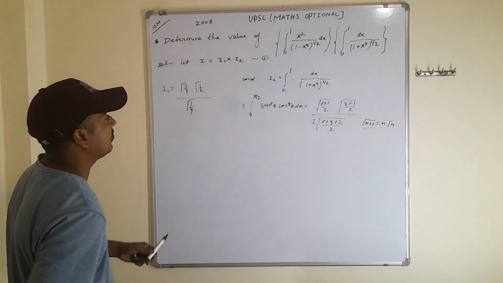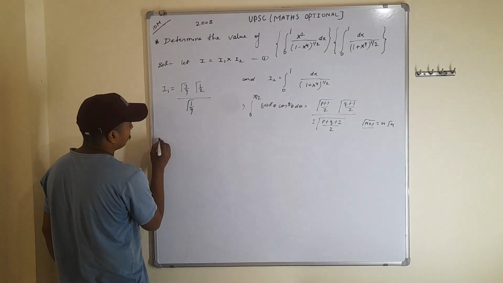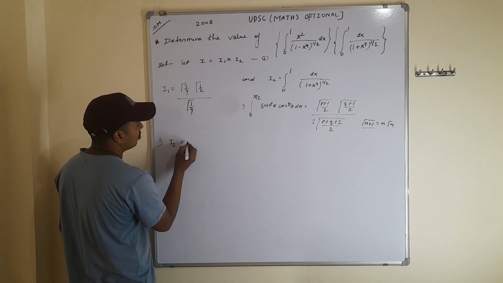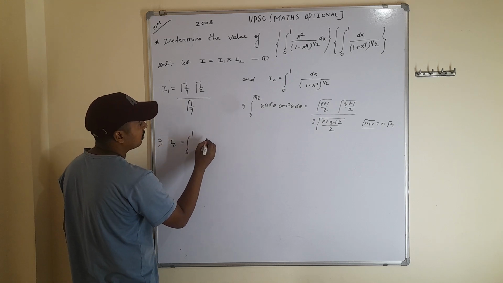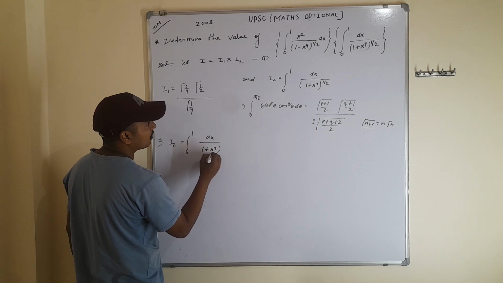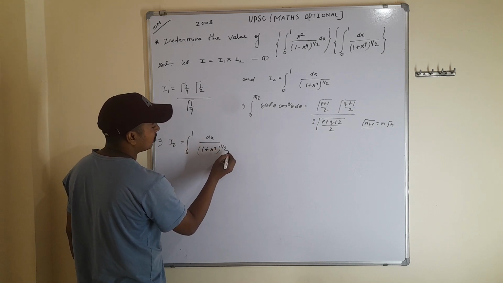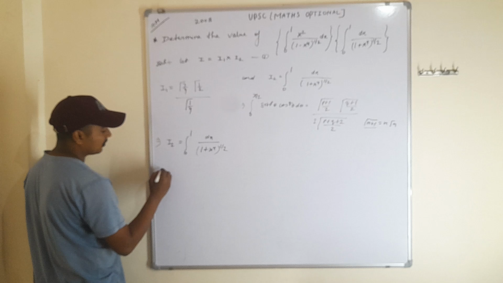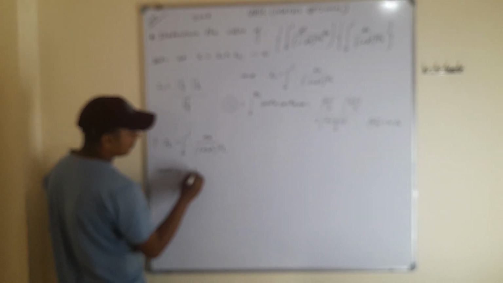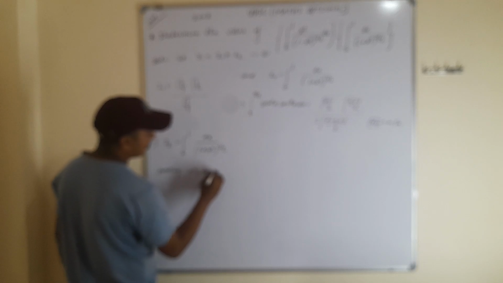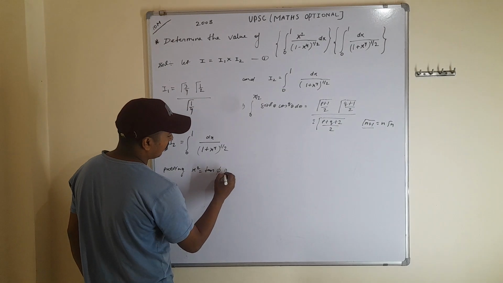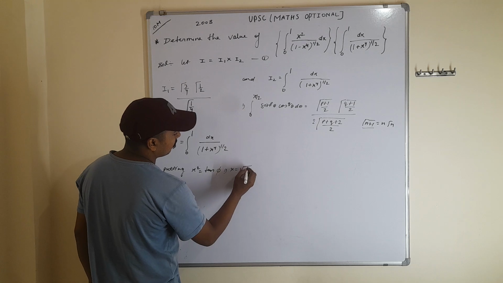We have to solve I2, that is I2 is equal to integral 0 to 1 dx upon 1 plus x to the power 4, the whole power 1 by 2. From here, putting x square is equal to tan phi, then x is equal to root tan phi.